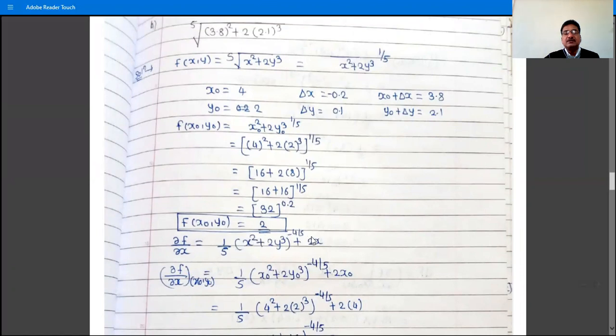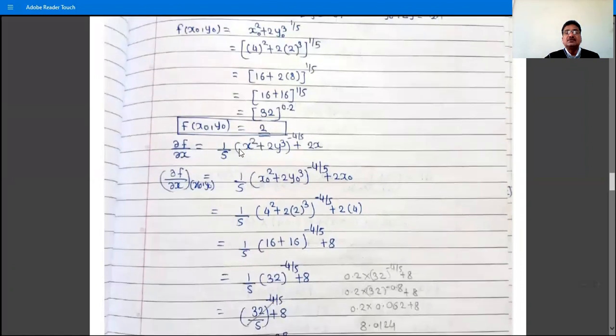The derivative of x square is 2x, and the derivative of 2y cube with respect to x is 0. So write into 2x, not plus, into 2x.